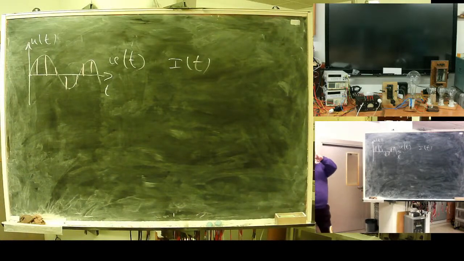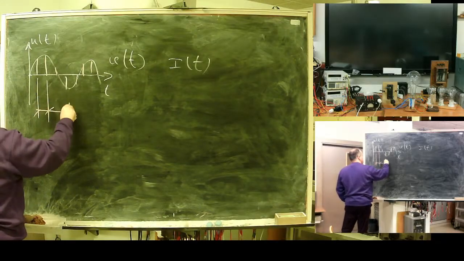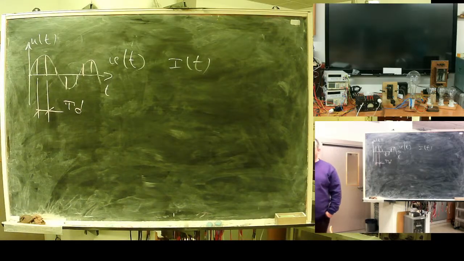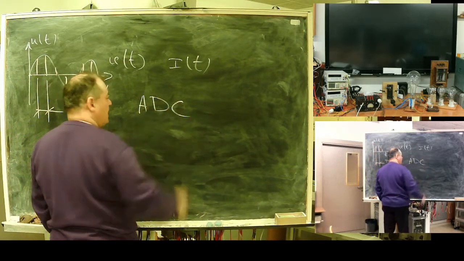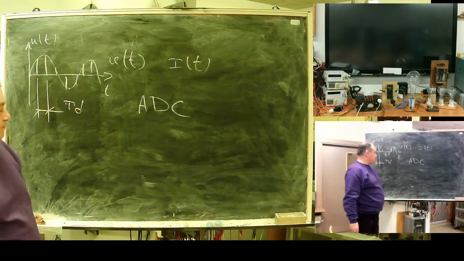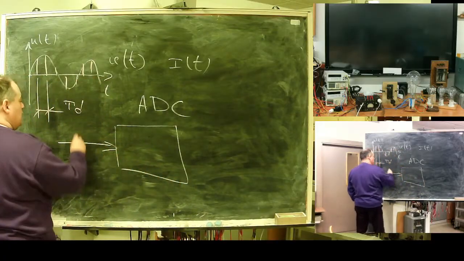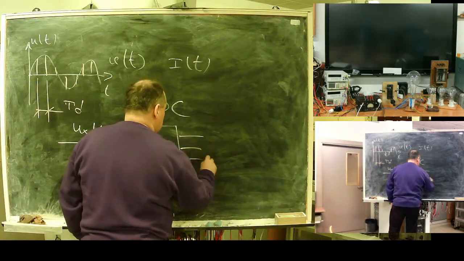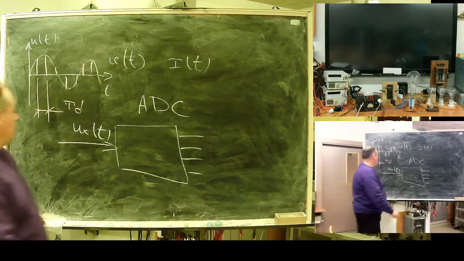We need to perform digitalization. We need to measure it in multiple points. This is time discretization with sampling time. We need to incorporate a special device called ADC, analog to digital converter. An analog to digital converter at first glance has input voltage. At output we will get binary data.